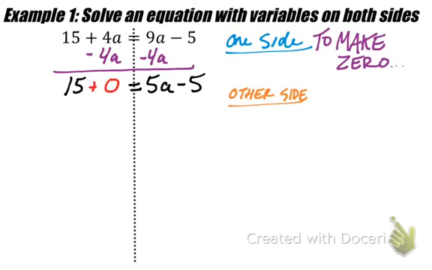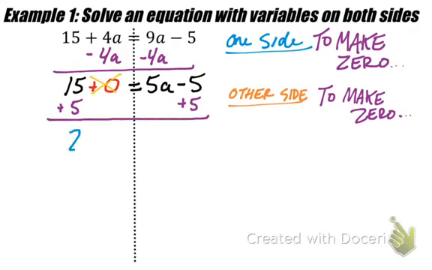Okay, so then the 5a, we're subtracting a 5 from it, so we still have to make that 0. The inverse operation of a minus 5 would be to add 5 to both sides. And I'm going to line up the 5 with the 15. Again, we don't need that 0 here, but just to make a point that 4a minus 4a is 0. So we're going to simplify that equation. We get 20 equals 5a.